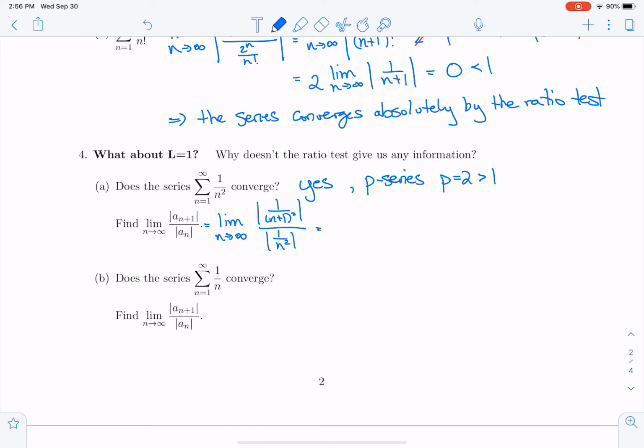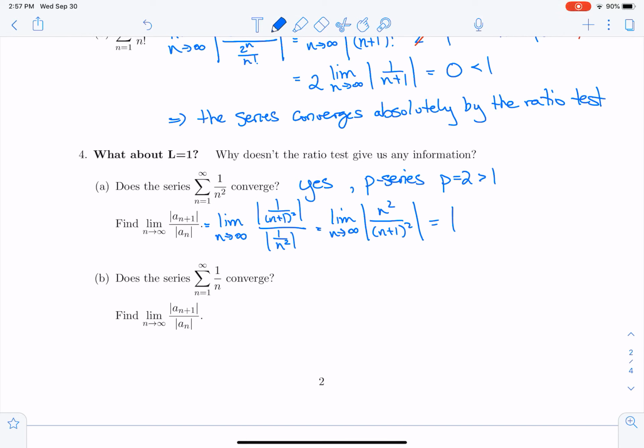So that's the limit as n goes to infinity. Multiplying by reciprocals, that's actually going to be n squared over (n+1) squared. Now, looking at that limit, the numerator has a power of n squared, the denominator has a power of n squared, and so that limit is 1. So here we have an example of a series that converges even though the limit of the ratio of the terms is 1.